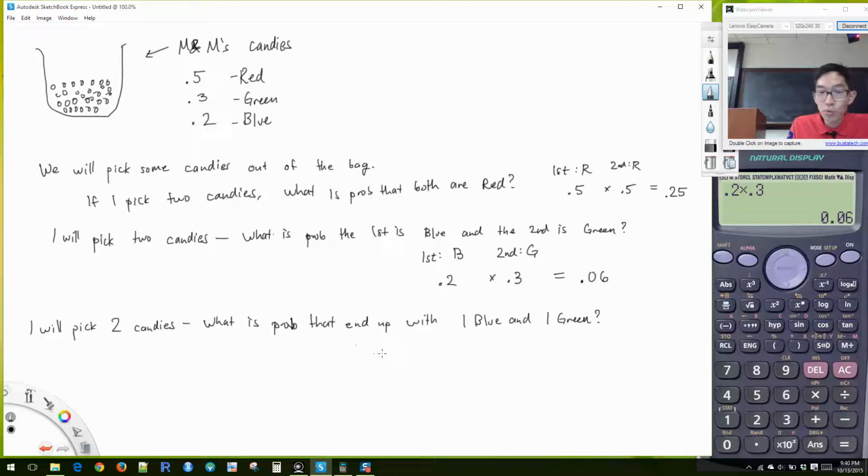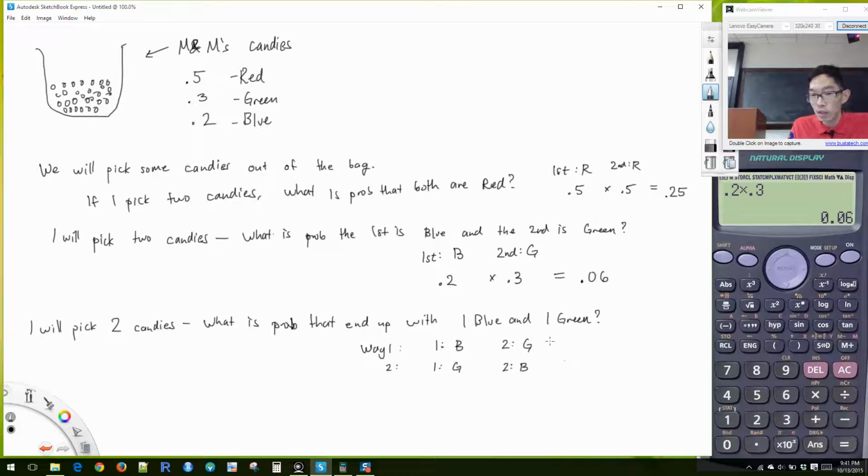So there's two ways I could end up with one blue and one green, okay? One way is the first one is blue, so I'm just going to write one is blue, and the second one I draw is green. And what's the other way? The first one is green, and the second one is blue.